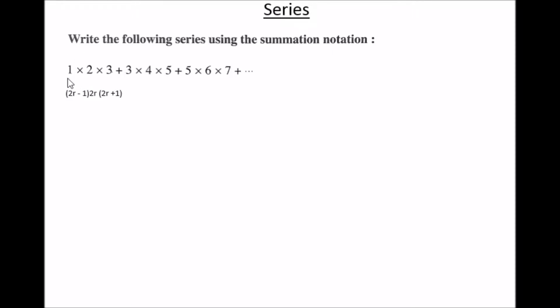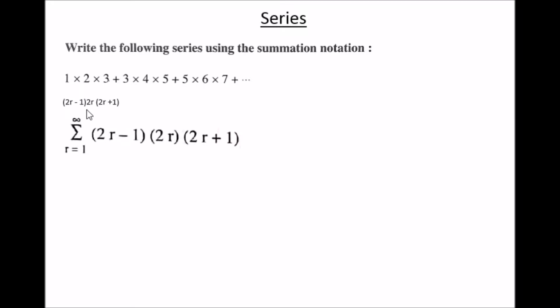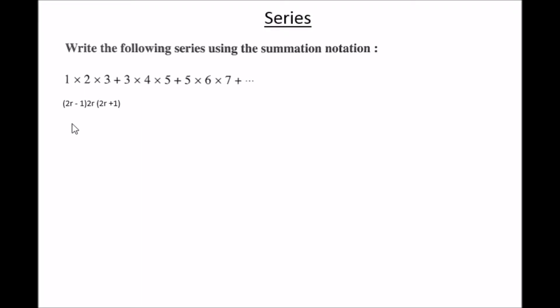For the first term, the middle number is 2, while r is 1. For the second term, the middle number is 4, while r is 2. For the third term, r is 3 and the middle number is 6. So the middle number of each term is 2r. Now we need a rule for the first number of each term.